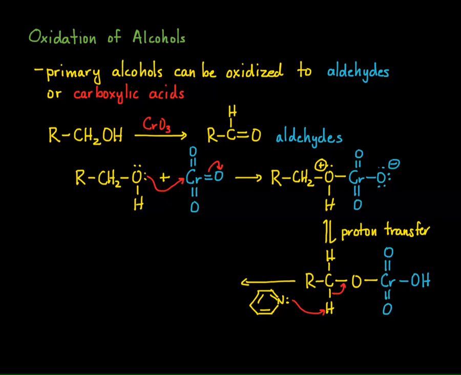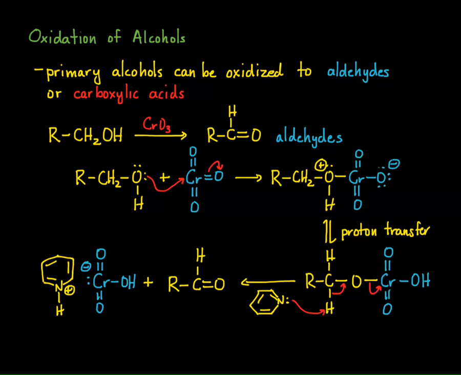And when that carbon-oxygen double bond starts to form, we break that oxygen-chromium bond and the electrons go to the chromium. This produces our aldehyde, right? And of course it also produces a pyridinium chromate salt, which we'll see something very similar to in just a little bit being used again as an oxidizing agent.